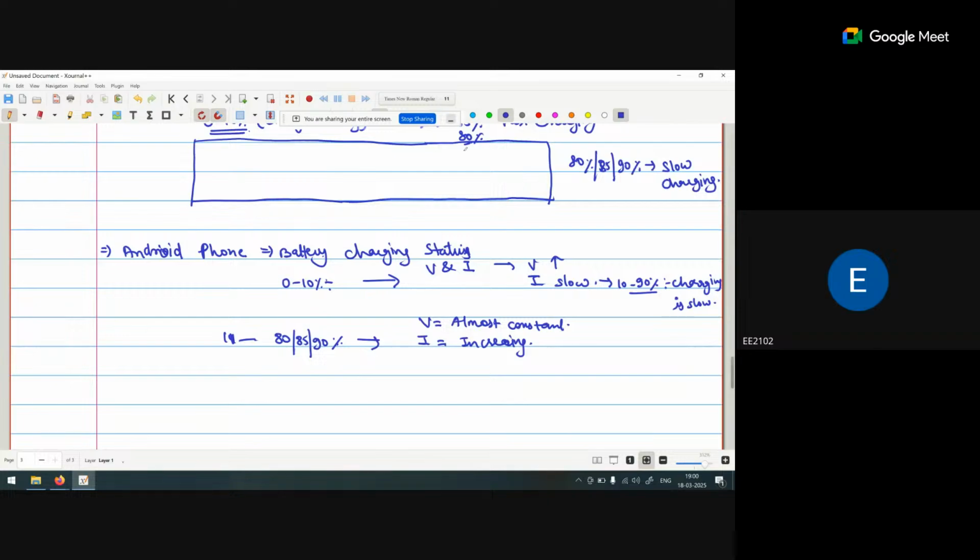Now after 80 or 85 or 90% to 100%, your voltage is increasing and current has only a minor change.